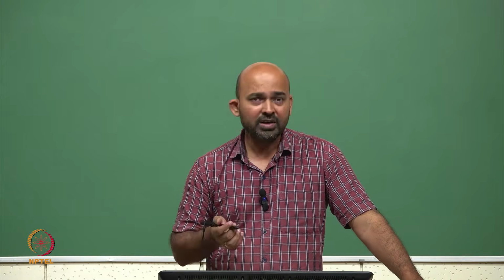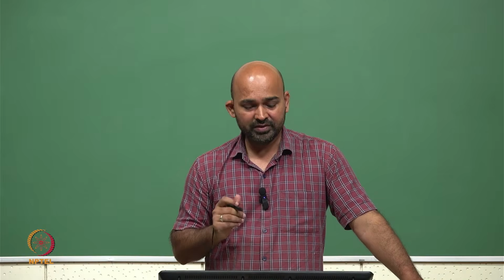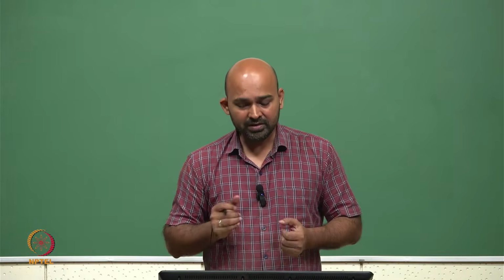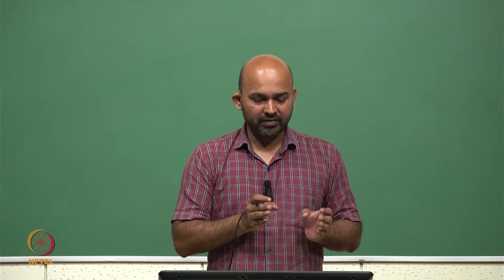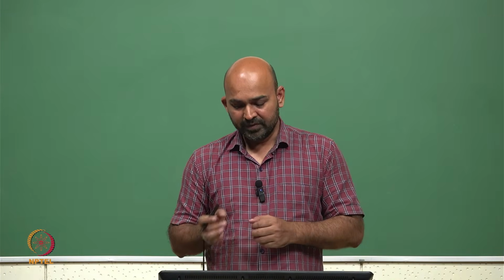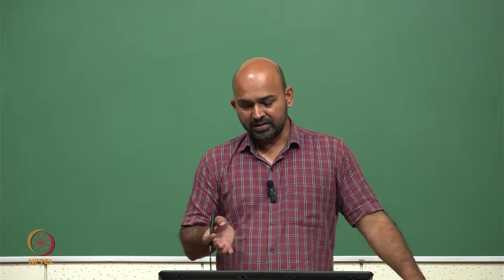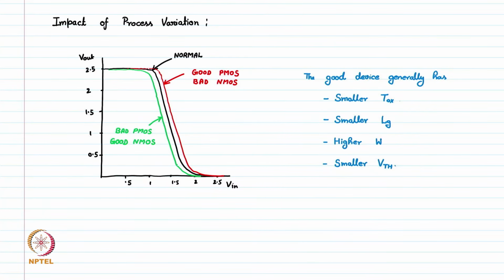We should not say good device, but it is a faster device. This is not the intended one. So, because of these faster and slower devices, this VTC is changing. So, we have a fast device if we have smaller LG, or higher W, if we have higher width, the current driving capability of the device is higher.